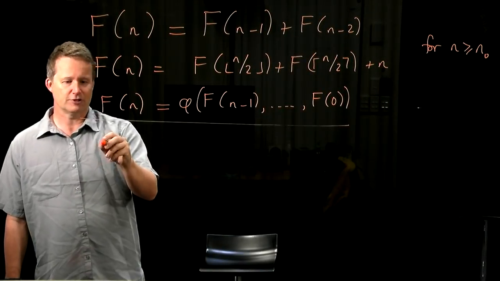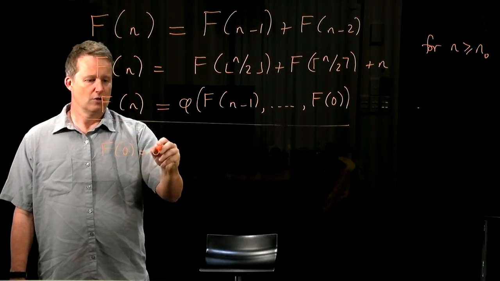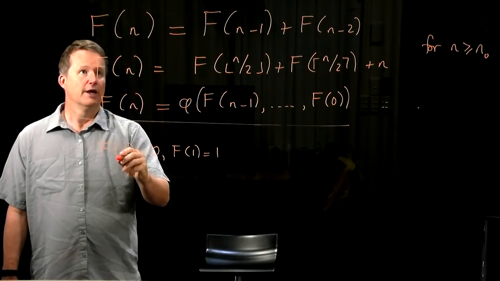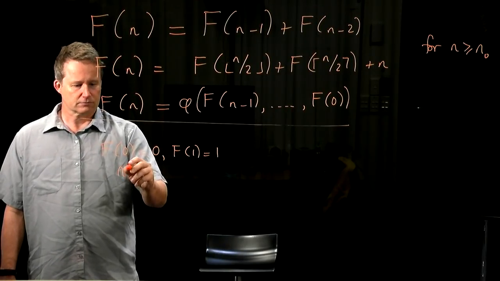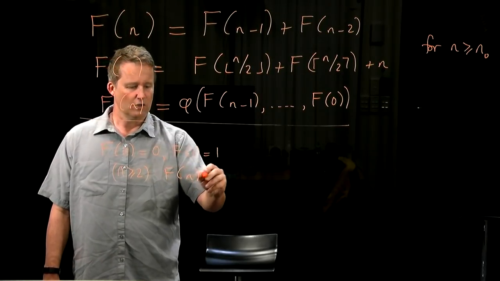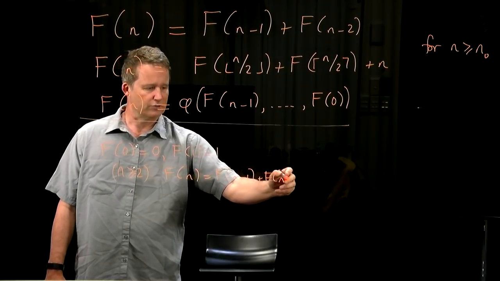So for example, for the typical Fibonacci recurrence, we know that we need to define the first two numbers, and then if n is greater than or equal to 2, we then define the sequence recursively.